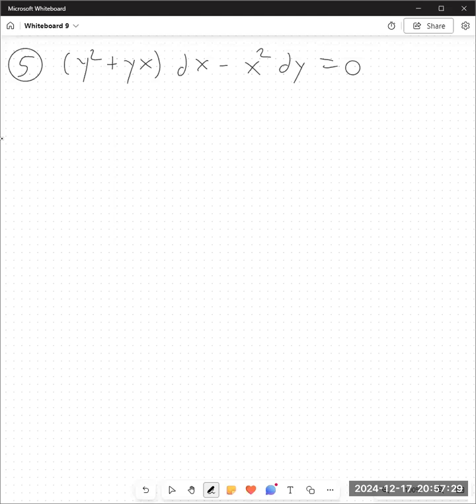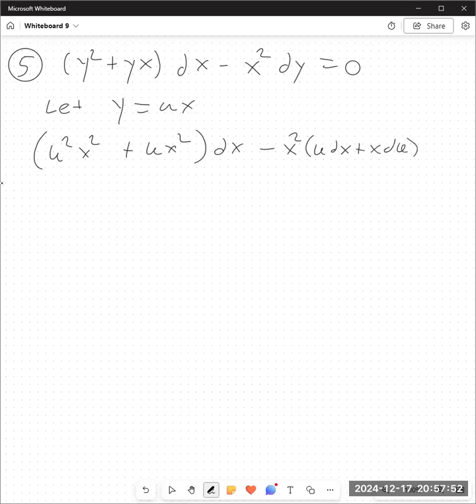So let's let y equal ux. And we have u squared x squared plus ux squared dx minus x squared times u dx plus x du equals 0.